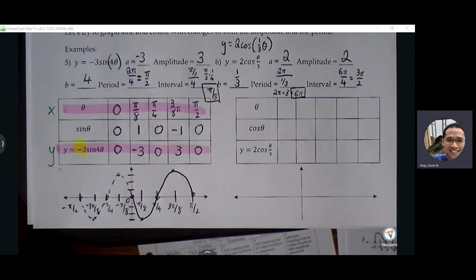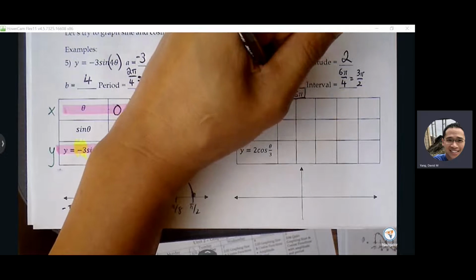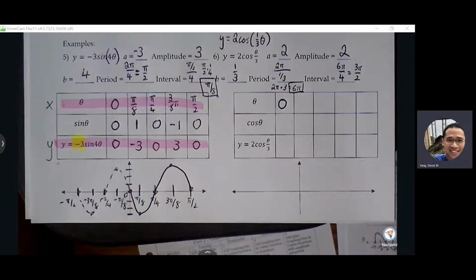I take my period divided by 4 because I want to slice it into 4 separate parts so I can plot my points. 6 pi divided by 4 reduces to 3 pi over 2, which is 1.5 pi. So we're going to keep adding 3 pi over 2 until we reach 6 pi.